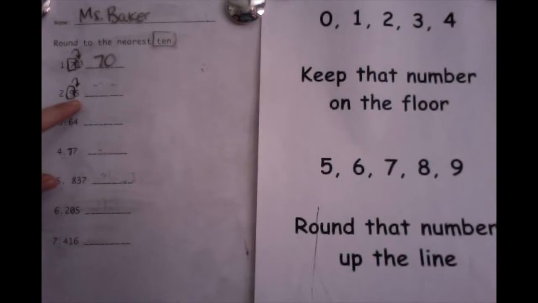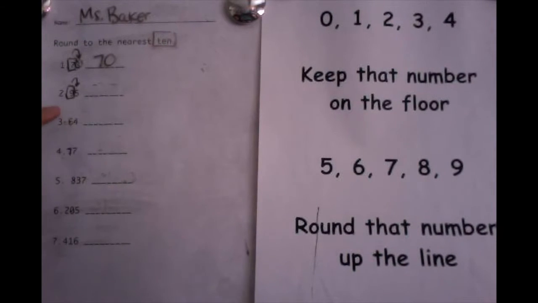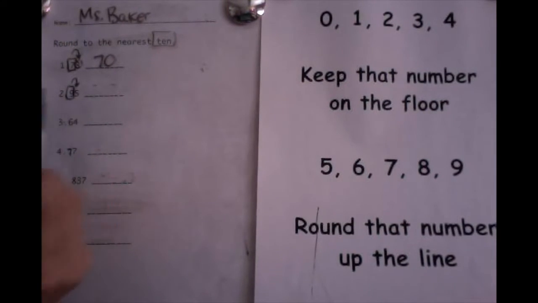This number, is it 1, 2, 3, or 4? No. 5, 6, 7, 8, 9? Yup. Round that number up the line. So, here's where the tricky part comes. What comes after the number 9? You got it, the number 10.